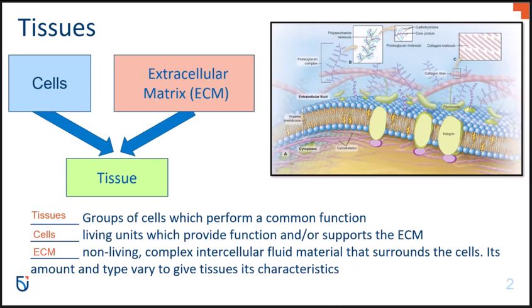And the extracellular matrix is this fluid environment that we'll talk more about later, but it's non-living, it's considered complex. We describe it as intercellular because it's found in between cells, so surrounding the cells, and the amount and type of extracellular matrix is going to depend on the type of tissue that it's present within, and it's going to contribute to the characteristics of that tissue.